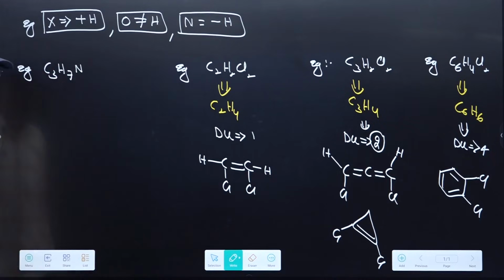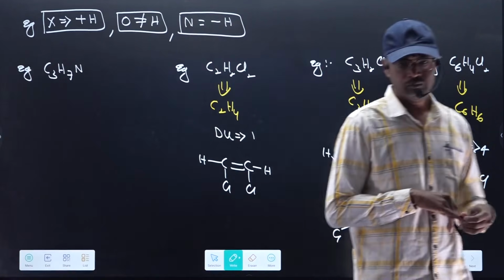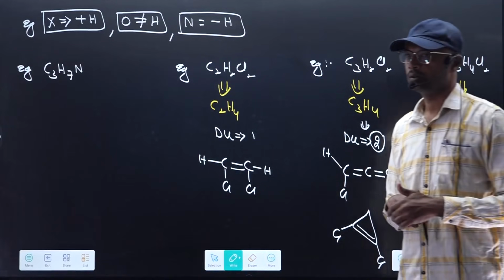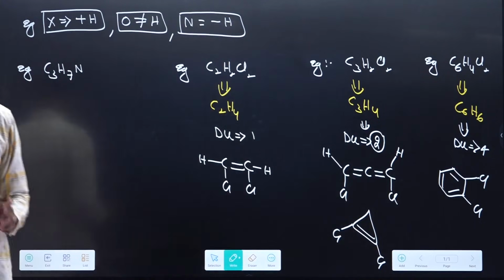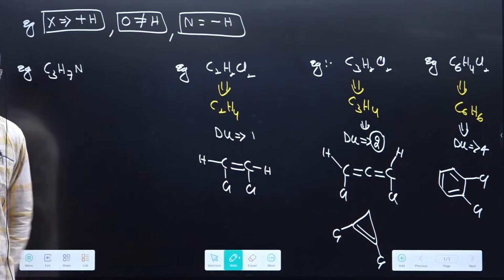C3H7N. Nitrogen is there. First create only the hydrocarbon formula. After creating the hydrocarbon formula, then you can calculate DU with the DU formula.